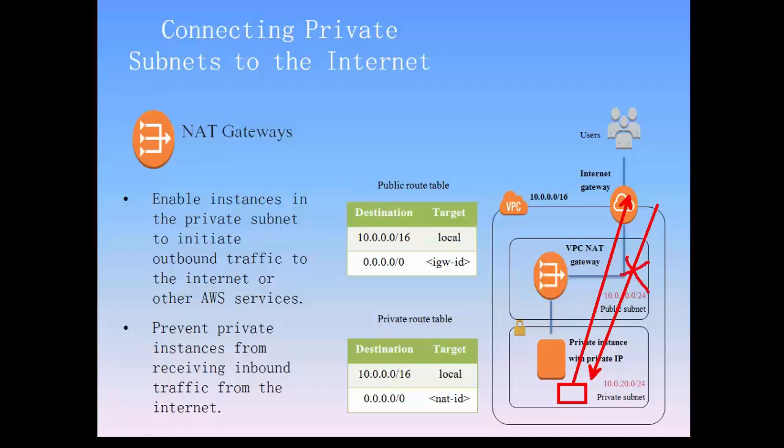Any user from outside cannot come inside, but if a request is initiated from here, from my private instance, it is possible to go to the internet. This prevents the private instance from receiving inbound traffic from the internet. Got the point? With the help of NAT, we enable outbound traffic from this instance to the internet or any other AWS service, but prevent inbound traffic.